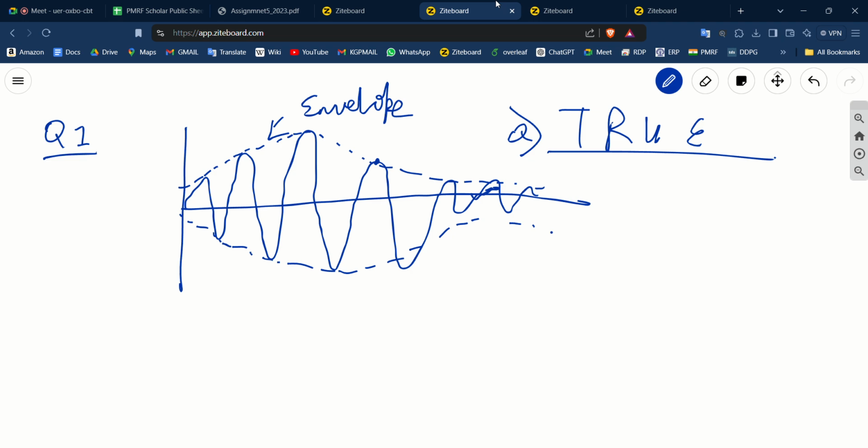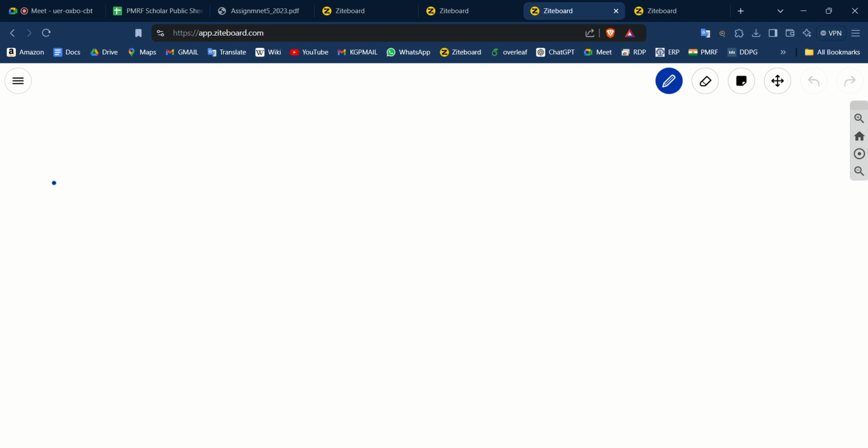So we need to write the expression for single sideband suppressed carrier, which is given as follows. Let's consider we are taking the lower sideband.